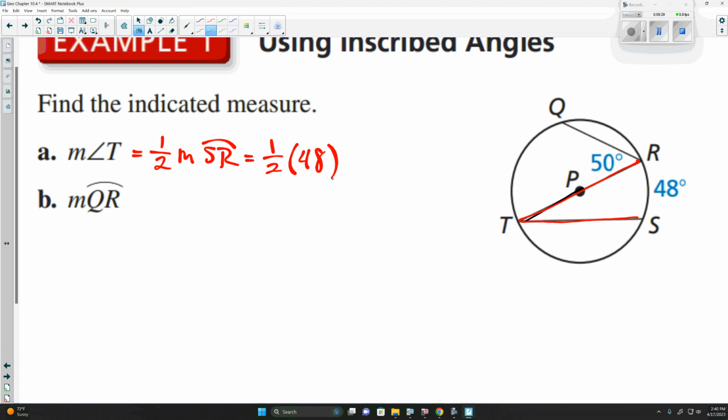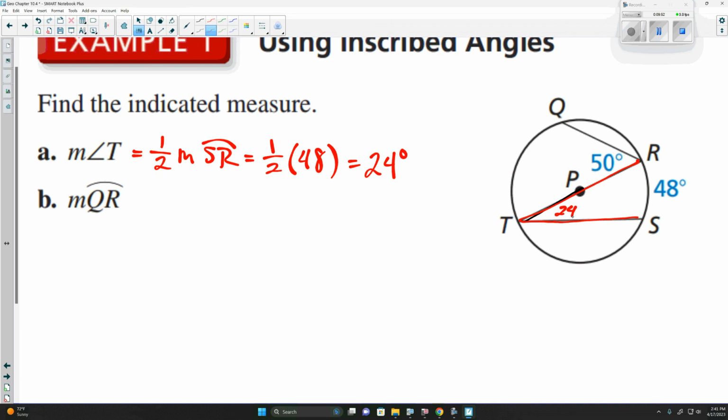And half of 48 is? So the measure of angle T is 24 degrees. And that's it.